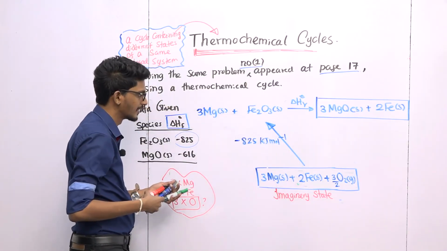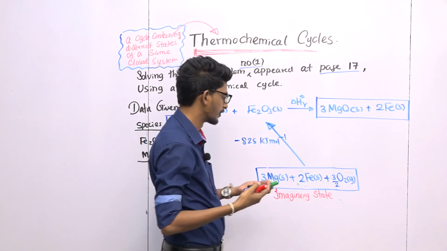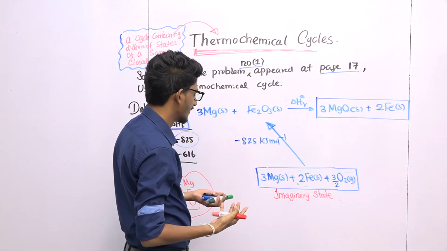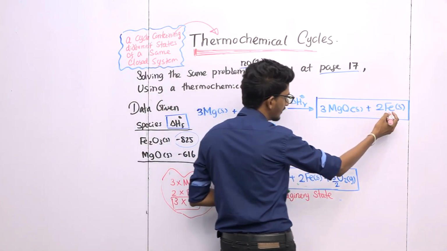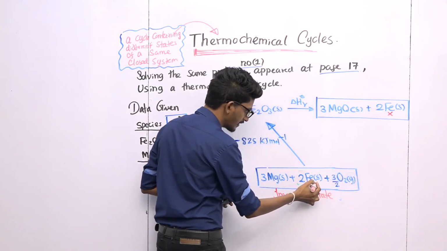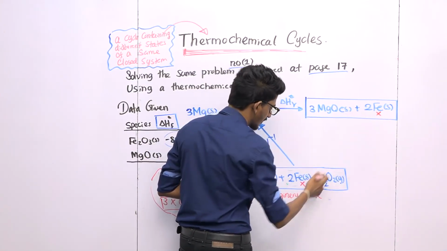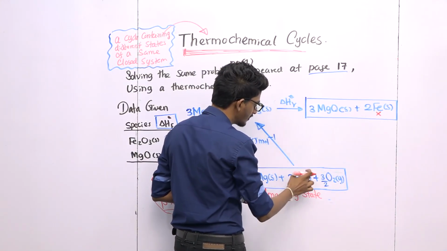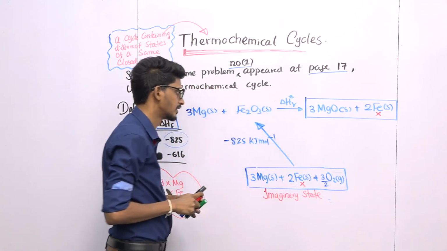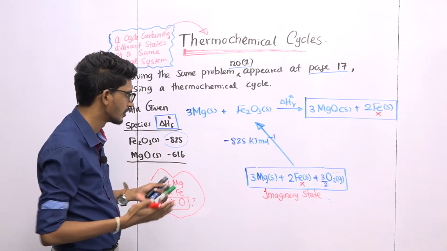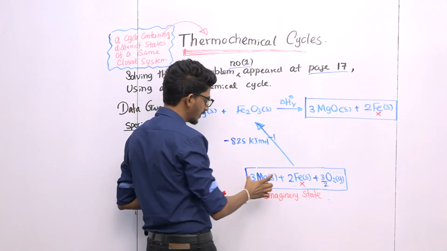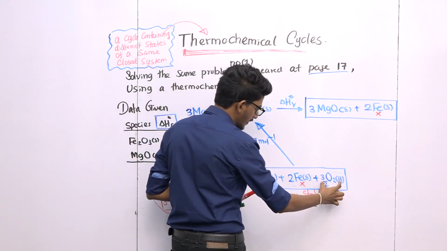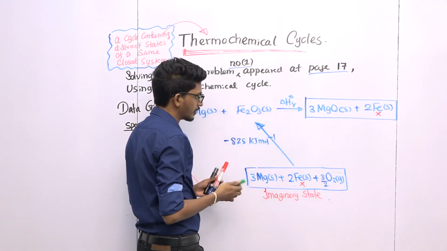So for that, first look for the unchanged species. So 2 of Fe is appearing here as well as here. 2 of Fe solid is appearing here as well as here. So no change with the 2 of Fe solid there. So the only change that occurred is actually converting this 3 of magnesium solid and 3/2 of O2 gas to this one.